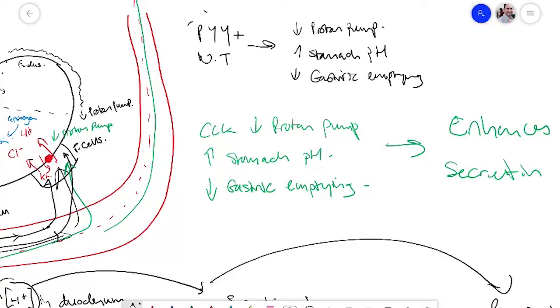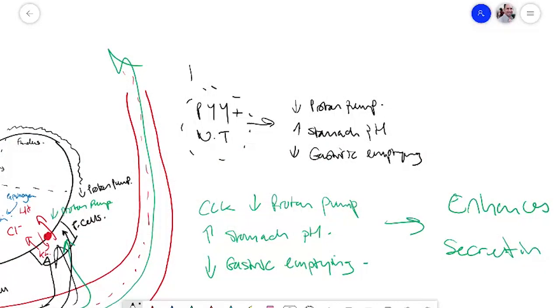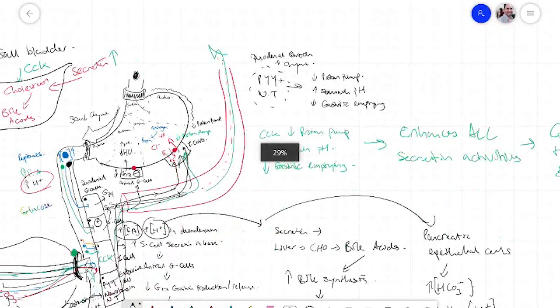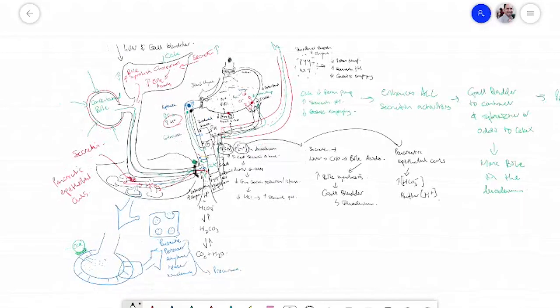And these are in response to duodenal stretch because of increased chyme. All right, fantastic. Look at that.